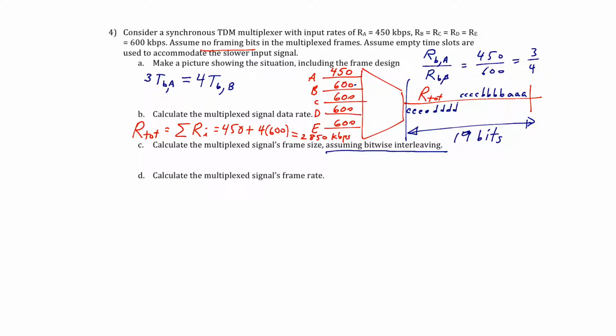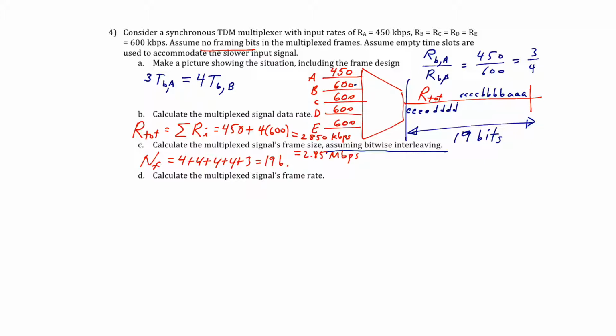Our R total is also equal to 2.85 megabits per second. Okay? If we want to calculate the multiplex signal's frame size, assuming bitwise interleaving, NF is 4 plus 4 plus 4 plus 4 plus 3, or 19 bits.